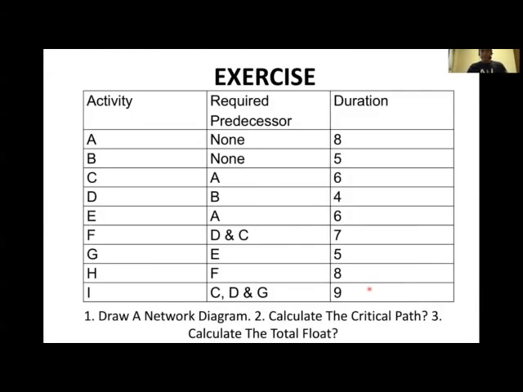You can try to revise this lesson by answering this question here. This question shows the work breakdown structure, which can help you to come up with a network diagram, calculate the critical path, and also tell the total float of the project.